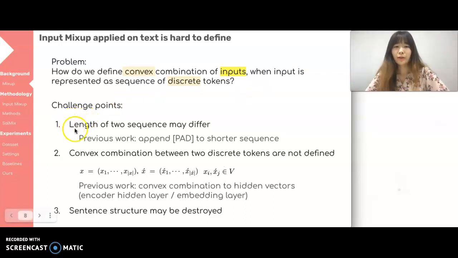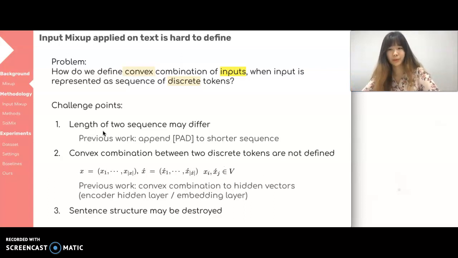Also, the lengths of the two sequences that we use for mix-up can differ. If we look at previous work, for example when applying mix-up on the hidden level, they just appended pad to the shorter sequence to make the lengths the same. Also, the convex combination cannot be defined directly.